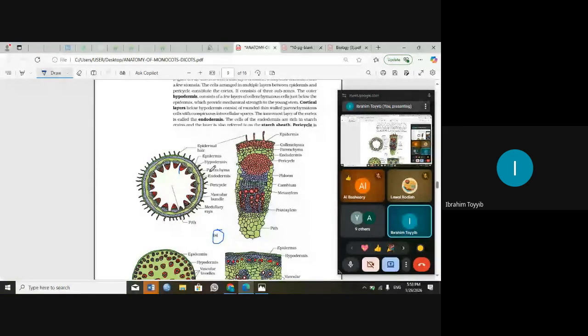So we have medullary rays between what? Between the vascular tissues. Vascular bundle is what? Okay, who can tell me this part? This part and this part.